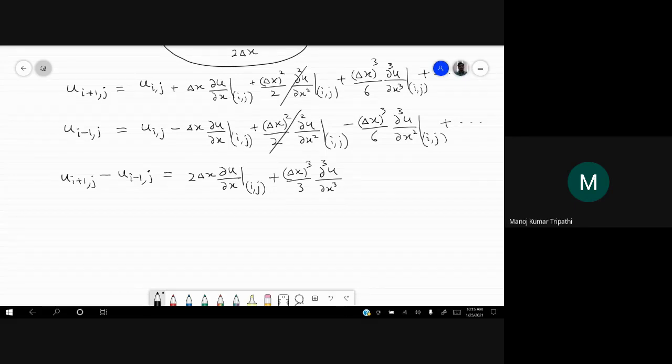Yeah, this was a cube. And then you can imagine the other terms. They will look like delta x power 5 by 5 factorial, so 2 times this by 5 factorial, and there will be dou 5u by dou x5 and so on. So now let us divide throughout by 2 delta x.